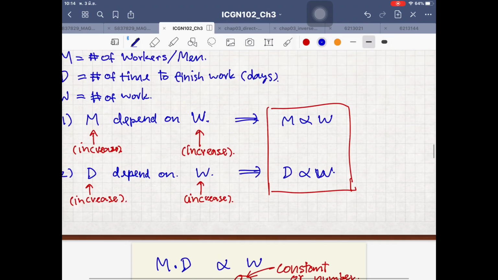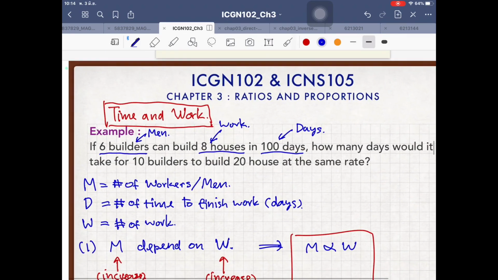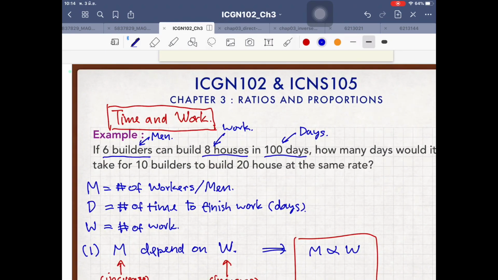If you look back to the problem, when you have 6 builders to build 8 houses, and all the workers can finish the work in 100 days, this could be situation number 1.